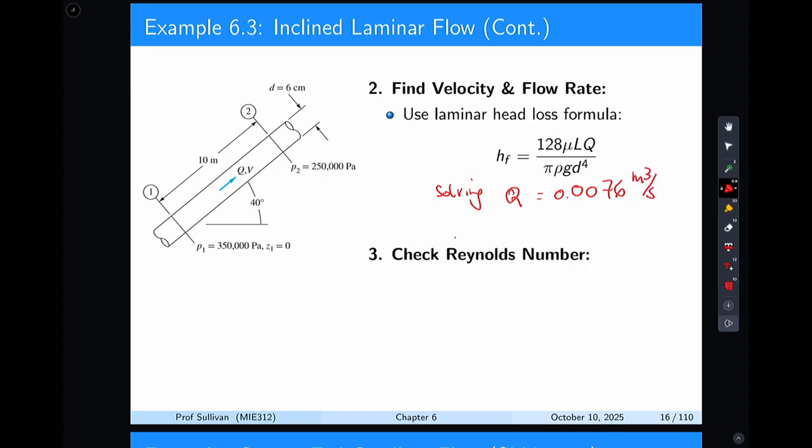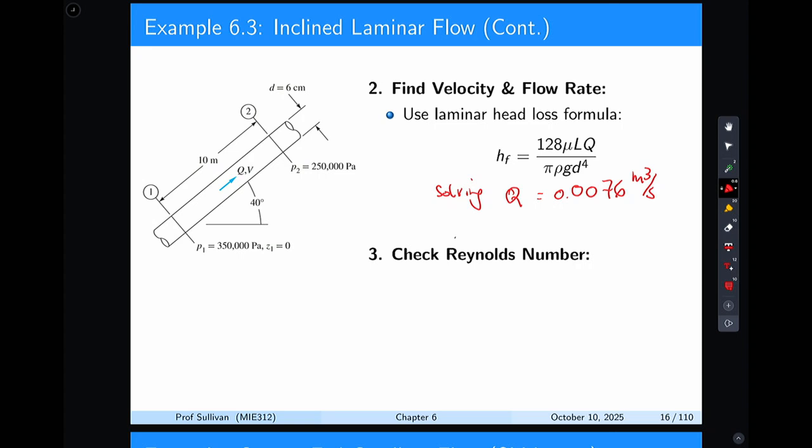So if I know what the head loss is between point 1 and point 2, and I substitute all the numbers back in, the only unknown is Q. And I get Q equal to 0.0076 meters cubed per second. All it really is is a substitution of volume over area for the head loss term.